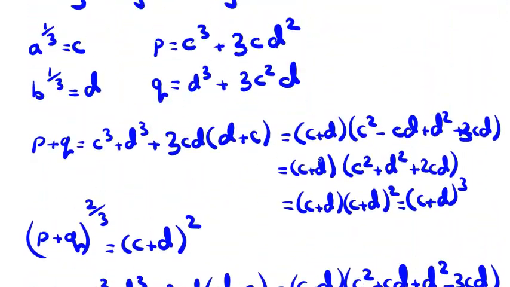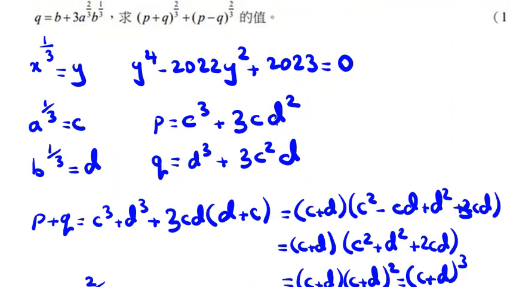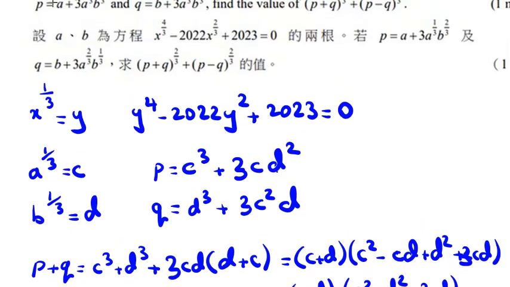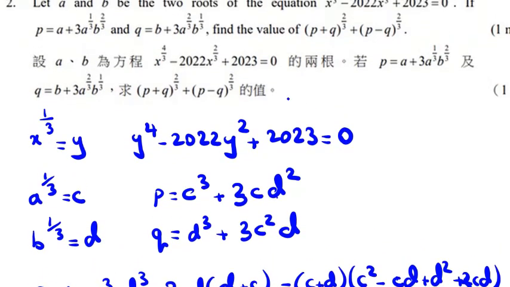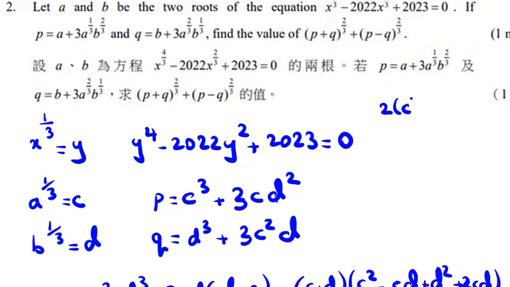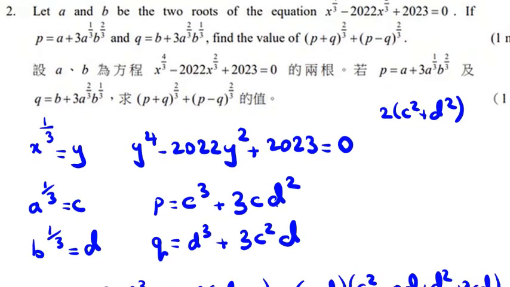Now, c and d, by changing variables, let's calculate here. I want to find what? I found the answer is 2 times c squared plus d squared. Okay. In this part, we know c and d are two roots of this equation.